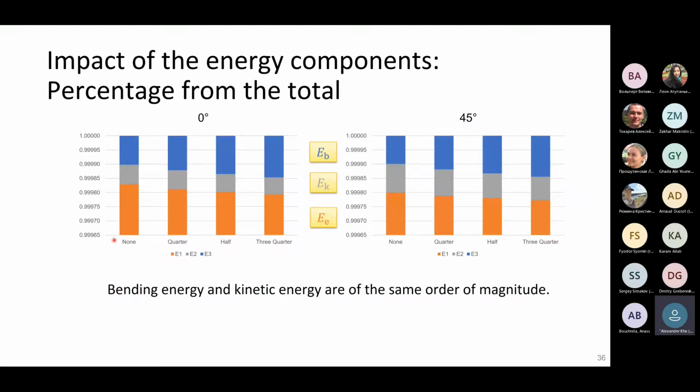They are not from 0 to 1, but they show that the main part of the total energy is elastic energy, almost 100%, and the small terms for kinetic energy and bending energy are of the same size. So probably these two are connected, and one energy can be related to another.